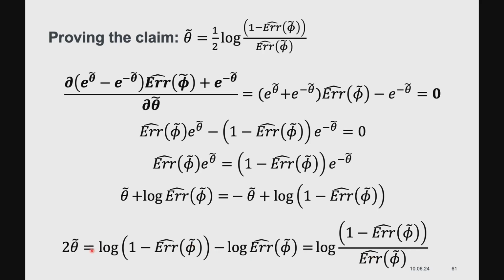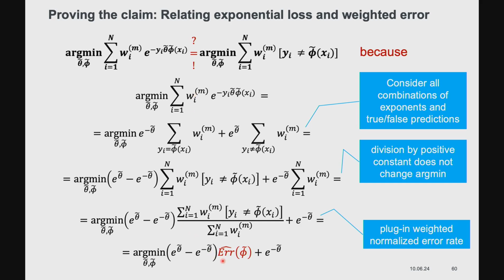So what we now know is that theta tilde is 1/2 times the logarithm of this. And when we put the weight like this, then this minimizes what we wanted to minimize, namely our exponential loss.